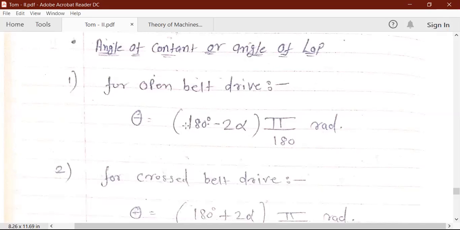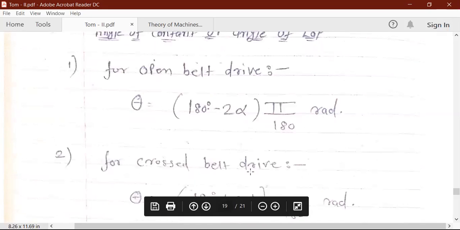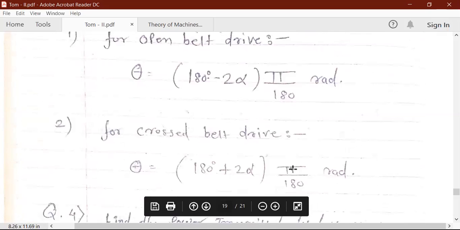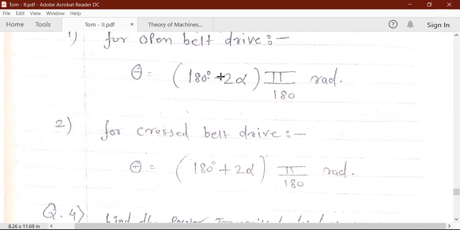For an open belt drive, it is 180 minus twice alpha into pi by 180, and for a cross belt drive, it is 180 plus twice alpha into pi by 180. So once again, the plus sign is used for the cross belt drive and the minus sign for your open belt drive, similar to the length of belt drive.